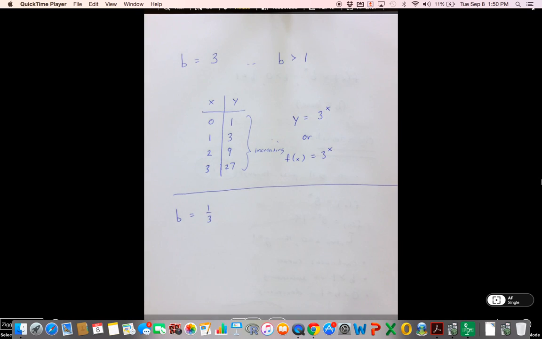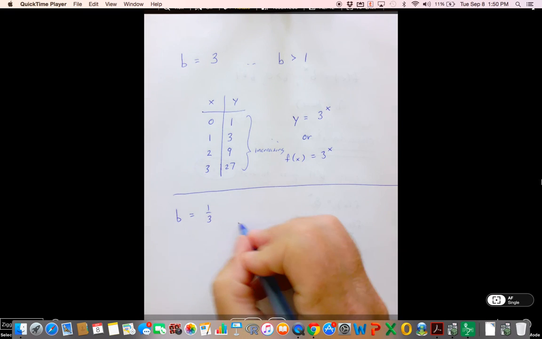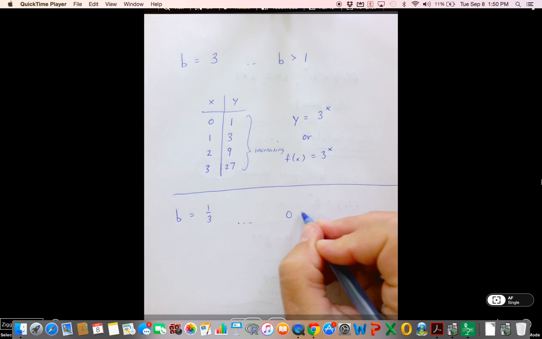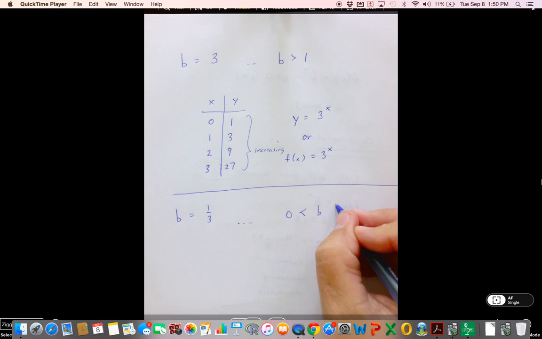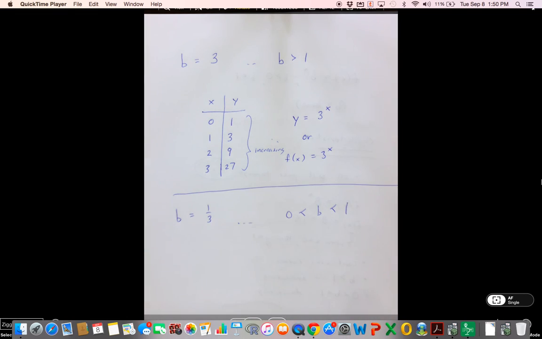But what if b is equal to 1/3? Well, then I get a situation where my b is between 0 and 1.